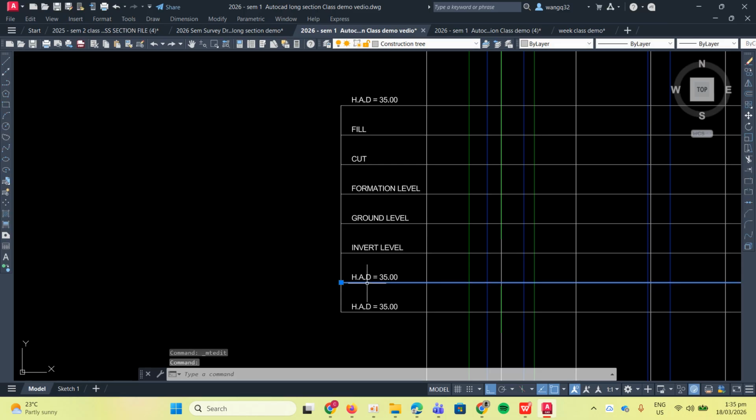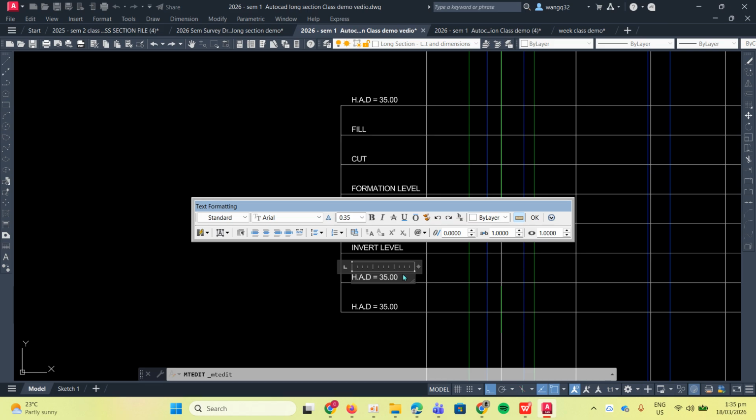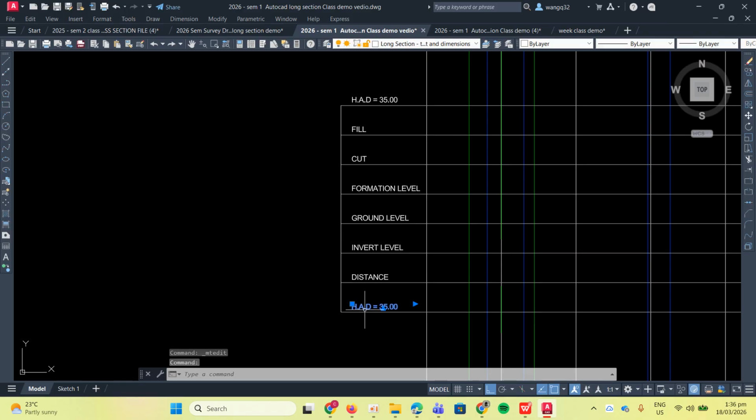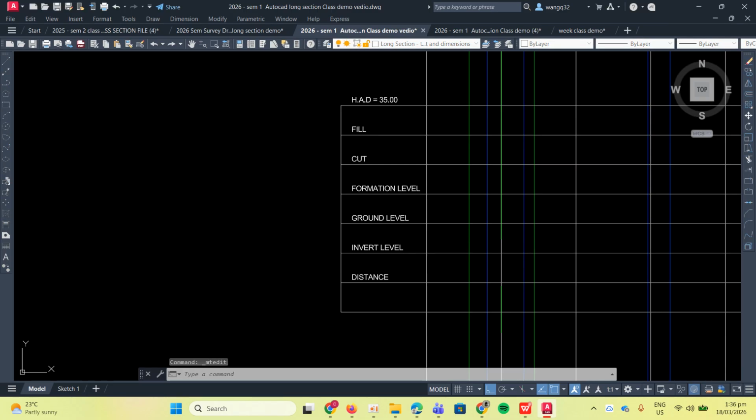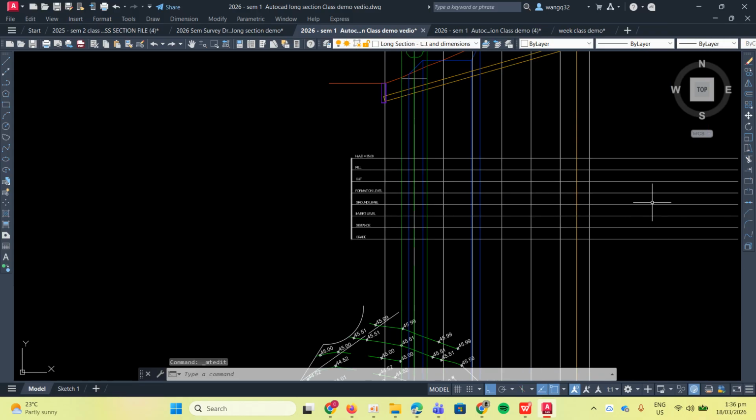Then the next one will be our distance or change. You can write distance or you can write change. And the last one will be the grade of our pipe. We write down grade. Okay, now we have our table here.